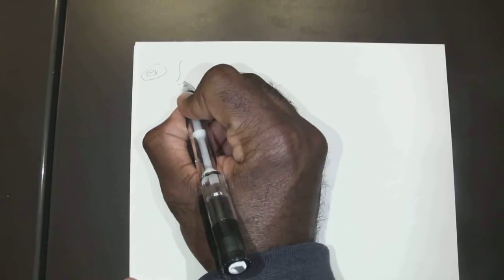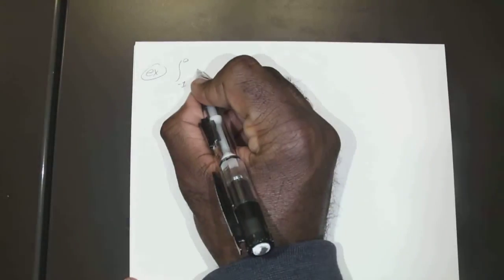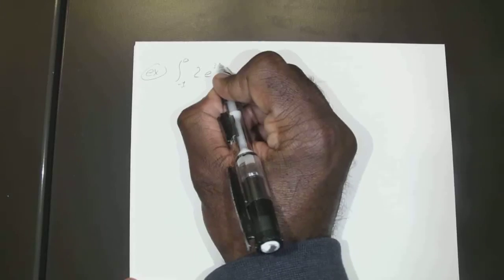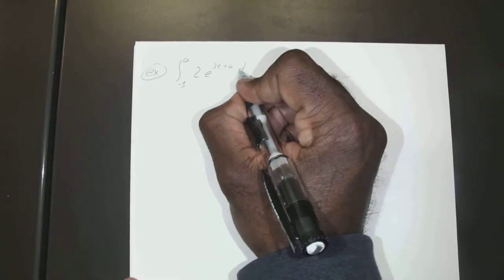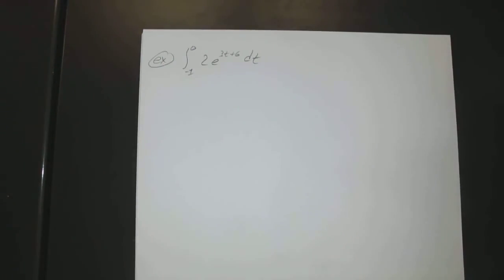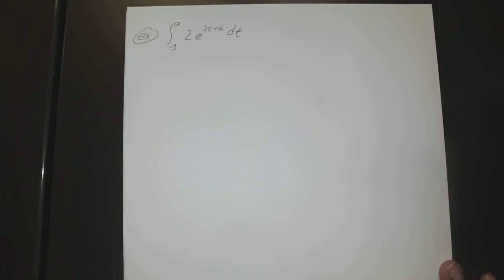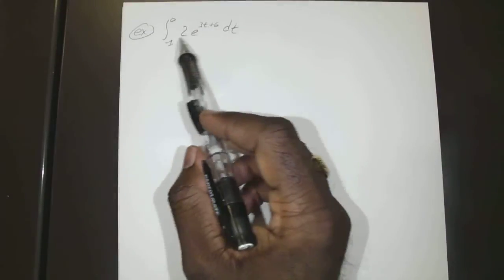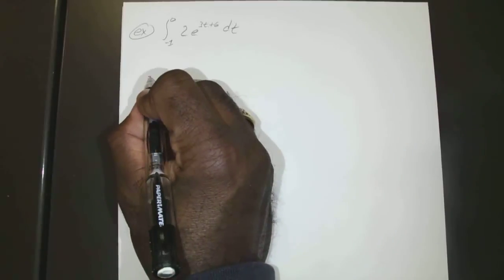Okay, so the integral from -1 to 0 of 2 e to the 3t plus 6 with respect to t. Okay. Now this one, pretty straightforward. You don't have a whole lot going on.